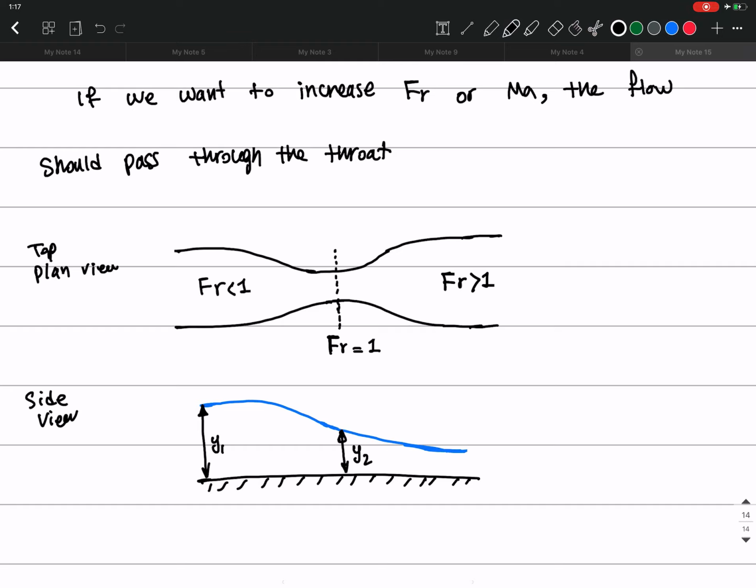But if we want to do the opposite, to make a subcritical flow become a supercritical flow, we cannot use a hydraulic jump because of thermodynamic considerations: we have energy loss in one direction, so we cannot generate energy in the other direction. Instead, we can design a channel like this where we make a subcritical flow supercritical without losing energy, by a smooth transition.